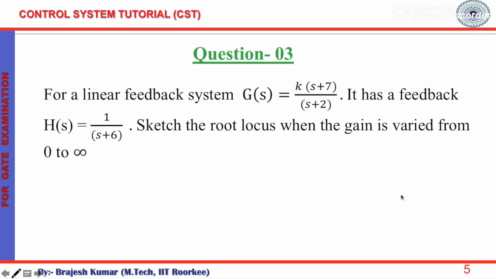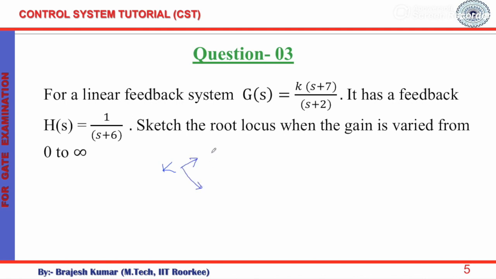What does the next question say? It says that for a linear feedback system with a given G(s) and a given feedback transfer function H(s), sketch the root locus when the gain is varied from 0 to infinity. So we know that the gain can vary in two ways.